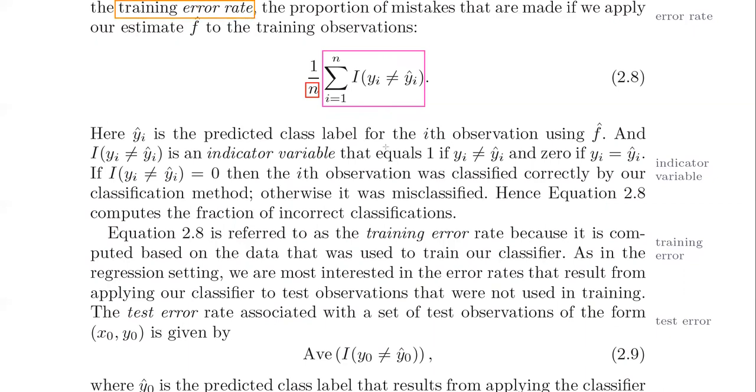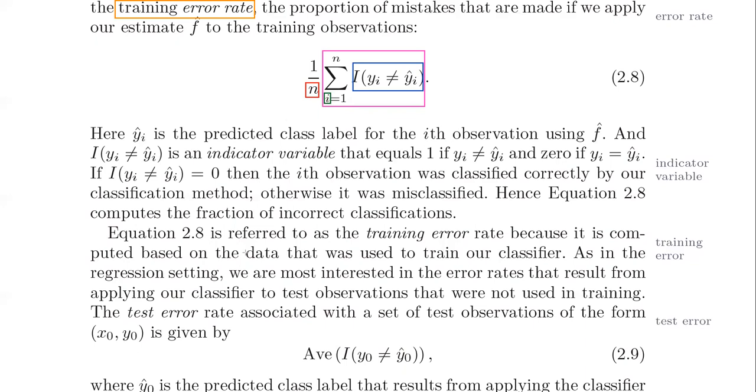Well, that would be if the pink is n, and can the pink be n? Yes, because this is going to be either 1 or 0. This term, for every observation, so think of our 100 observations today, for every observation, this blue term, let's read it. Here, y hat i is the usual predicted class label for the ith observation using f hat.